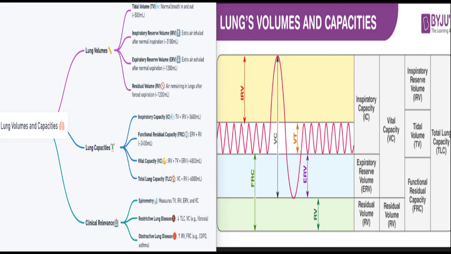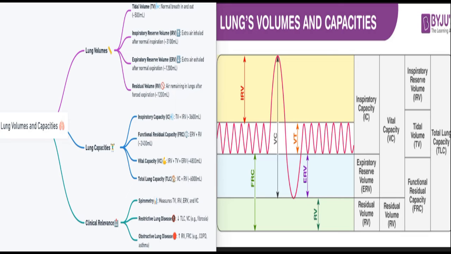But if your FEV1 FVC ratio is less than the lower limit of normal, and your forced vital capacity is more than the lower limit of normal, then there's obstruction.